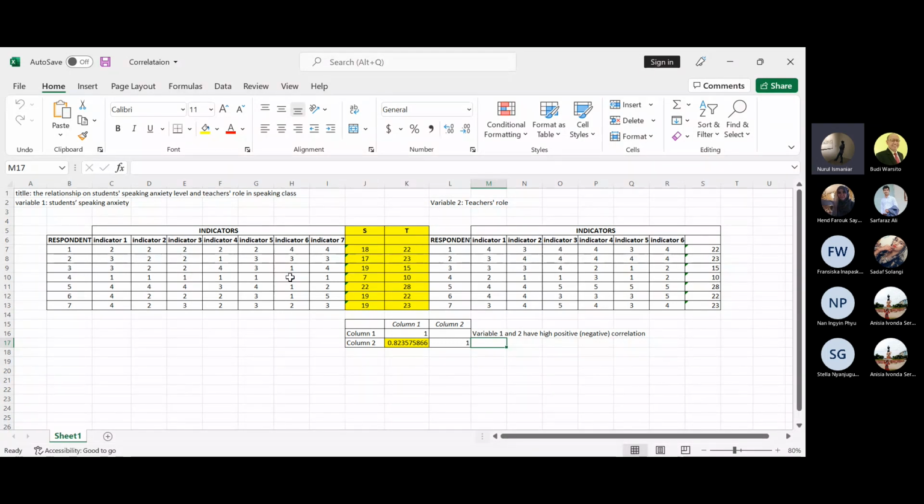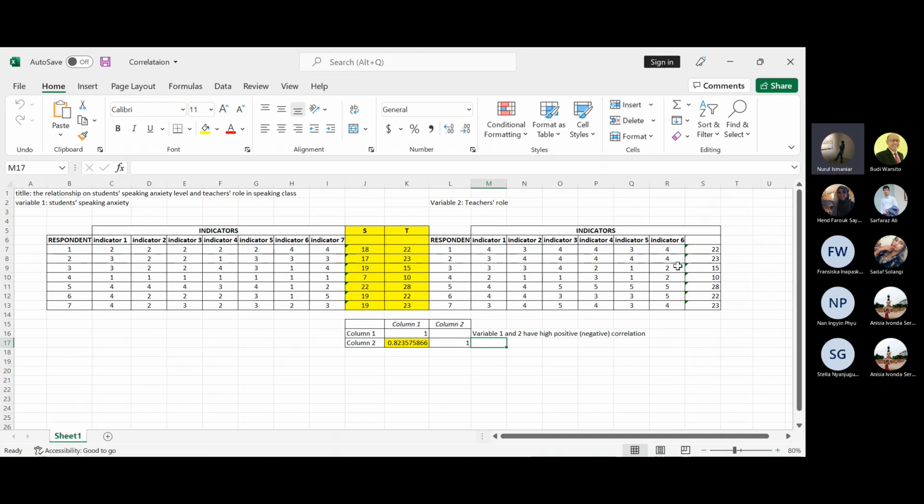The third is 19, the next is 7, the fifth is 22, the next is 19, and the next is 19. I followed your draft from our previous classes to make this. For variable 2, this is the result.